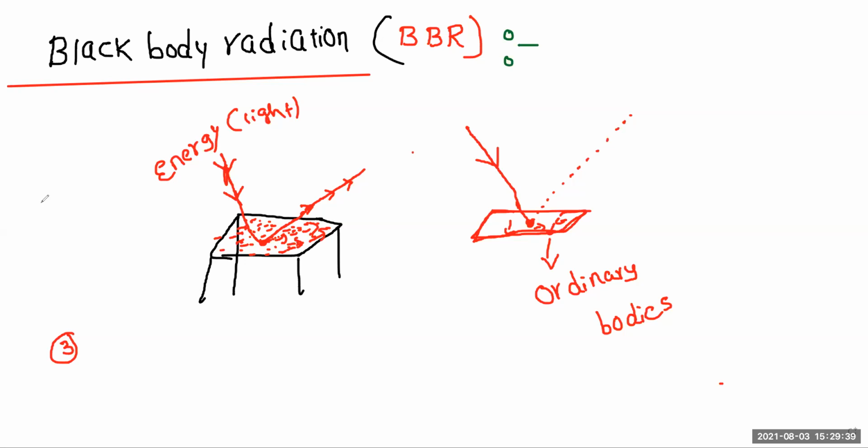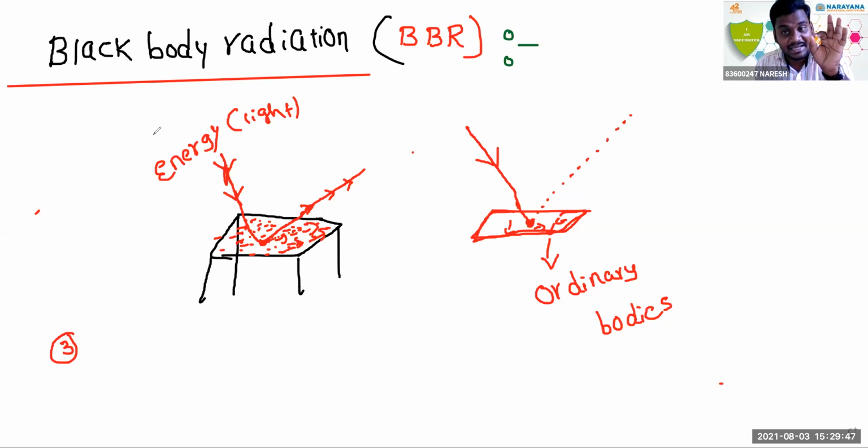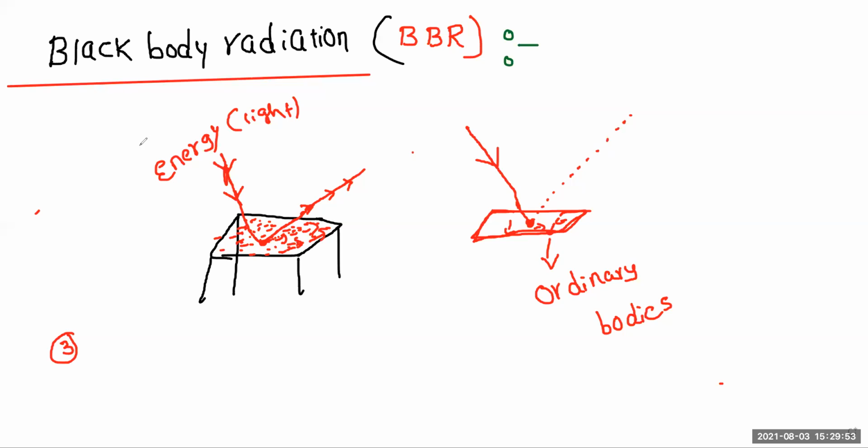So energy in the sense, what we have to assume here is some radiant energy, some radiation. That is why, to be more specific, I have mentioned incident radiant energy.